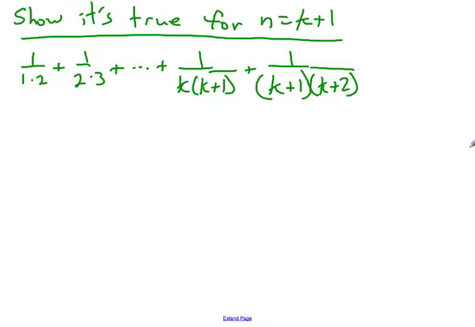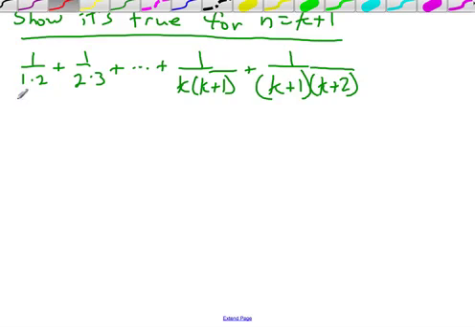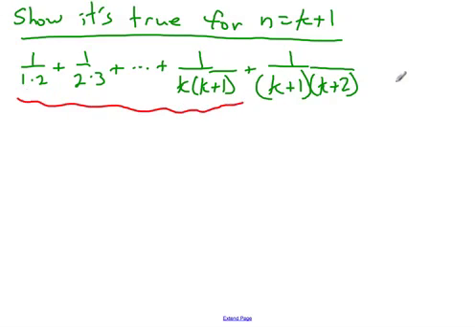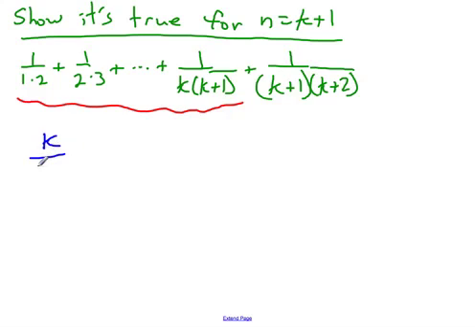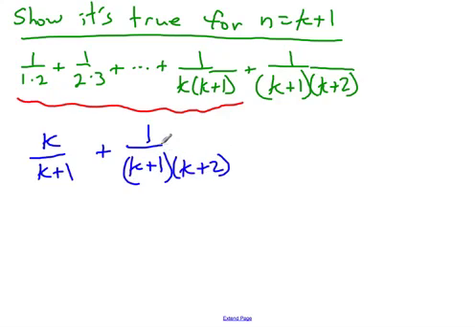We can substitute right away, because we know that this part is going to be equal to k out of k plus 1, because that was our assumption. And we're going to have plus 1 over k plus 1 times k plus 2 here.